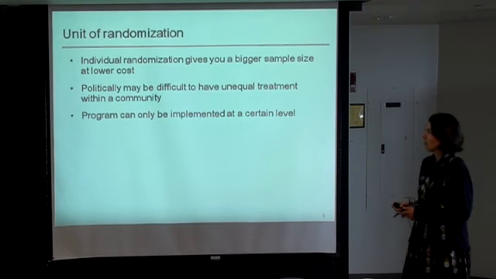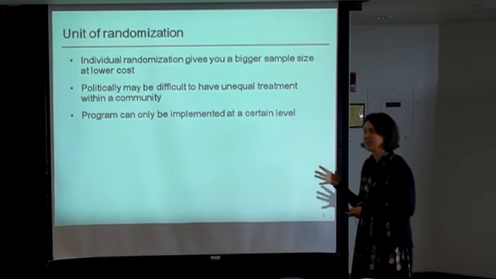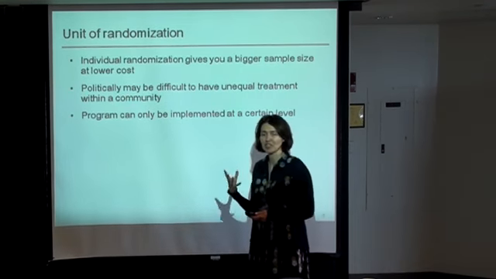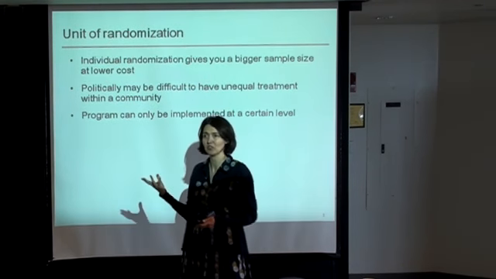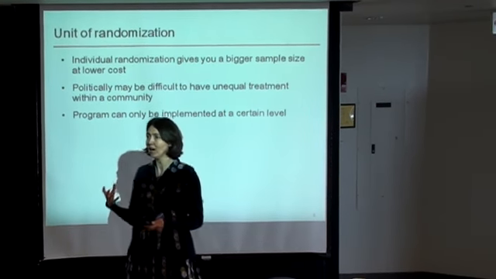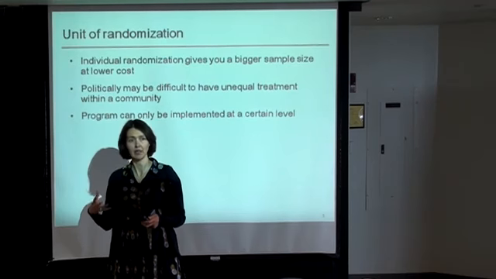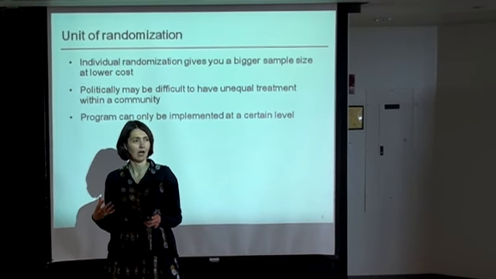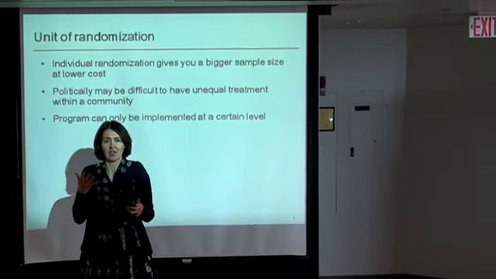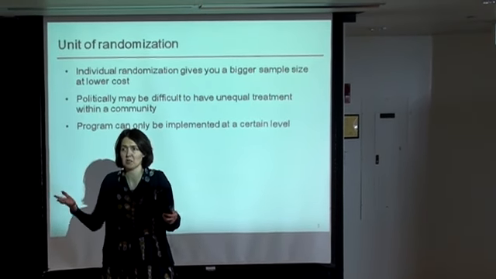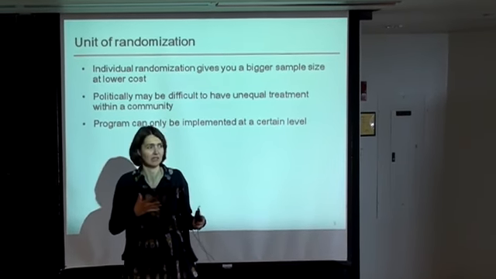Sometimes a program can only be implemented at a certain level. There are just logistical things, like we're setting up a center in a community. We don't set it up for individuals, we set up one in a community, so we either do it or we don't.